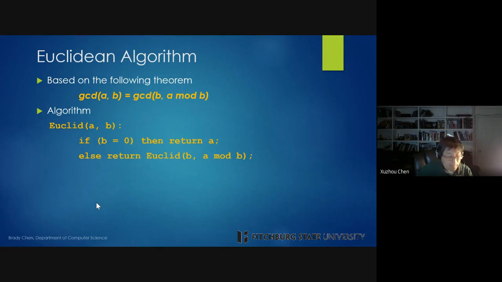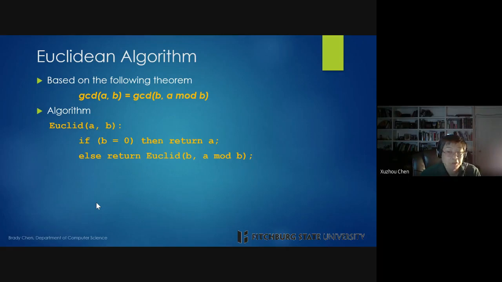Now, the next thing we're going to talk about is, if you're given two numbers, how can you find the greatest common divisor? We can say, okay, I can do this, right?